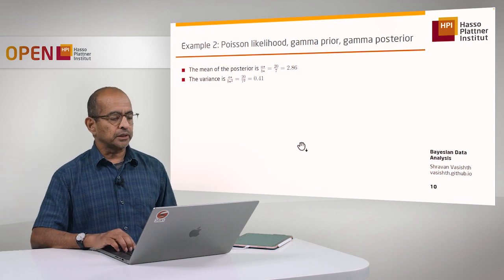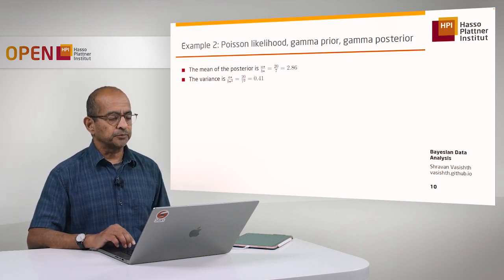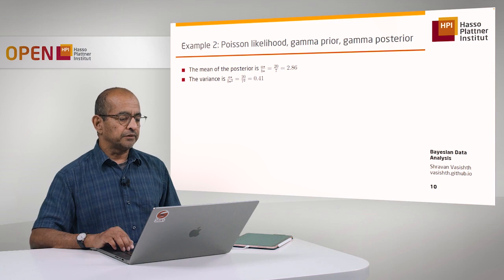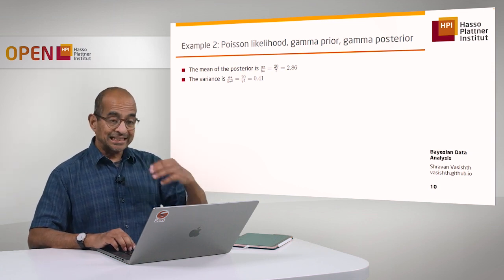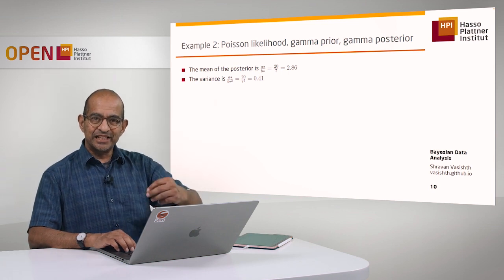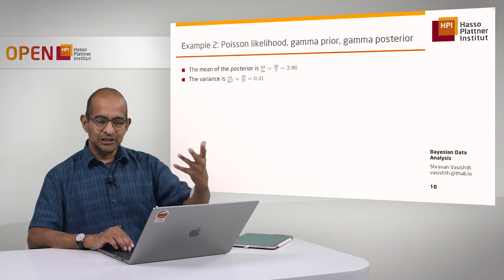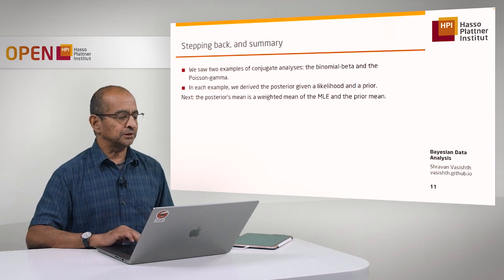And if you want, you can figure out the mean of the posterior by computing A star divided by B star, etc. That's something you could report in an analysis. That would be your updated mean and variance from the data that you have, right? So your information has changed given the new data.